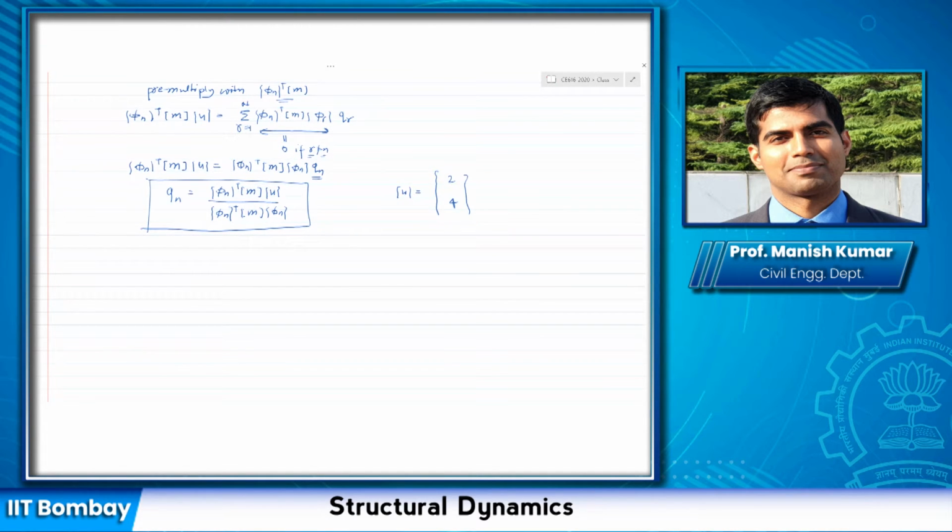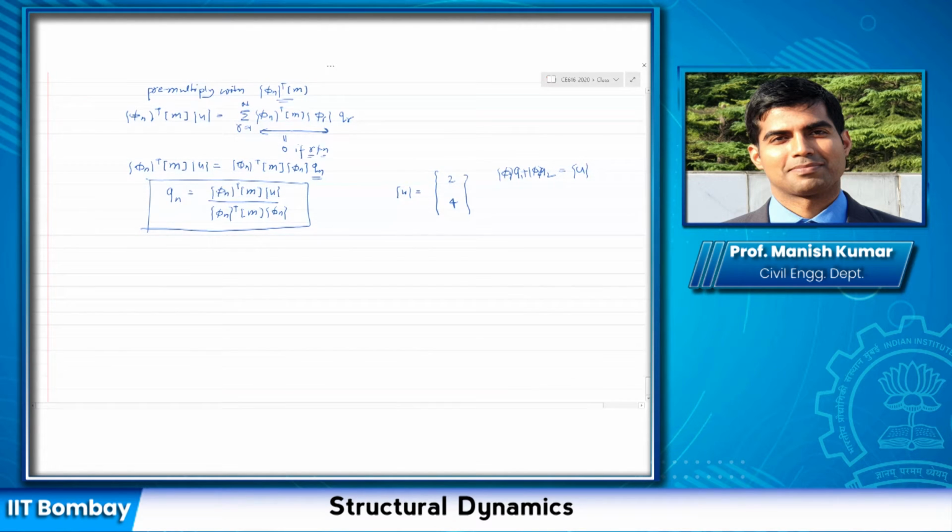I should not say contribution, because it does not exactly represent the contribution, but you can say what would be the factor through which these mode shapes are going to contribute to the total response. So for that you need q_1 and q_2, so that you can multiply with the phi_1 vector and phi_2 vector so that the total response would become u. This is the goal here.